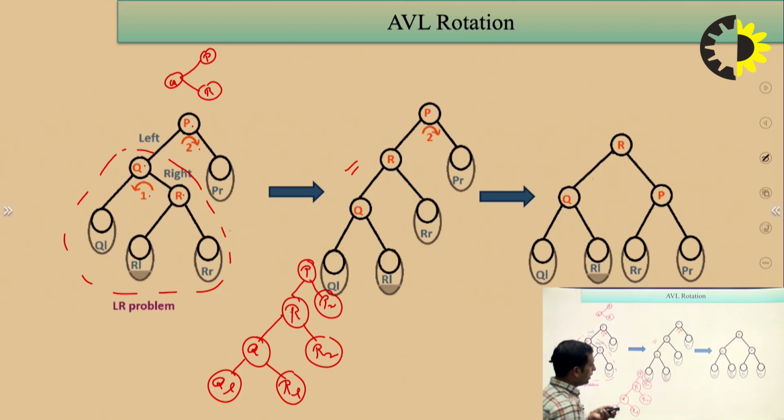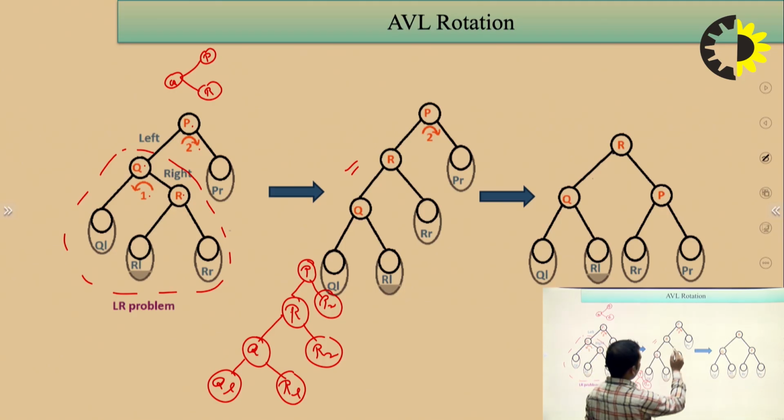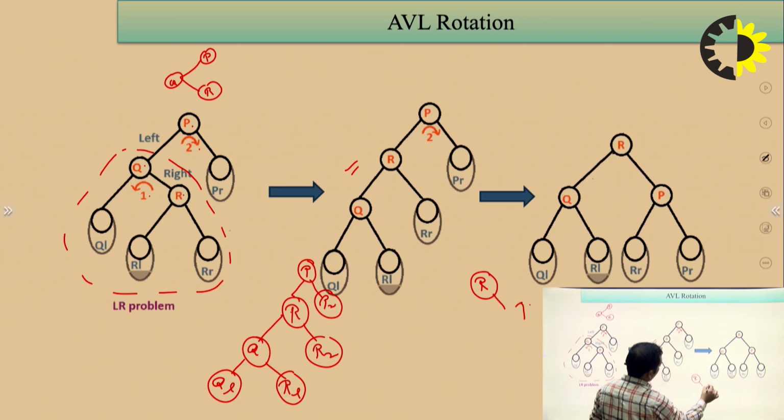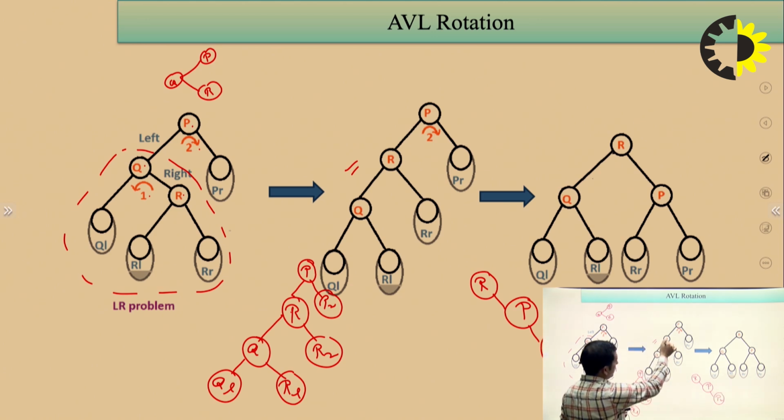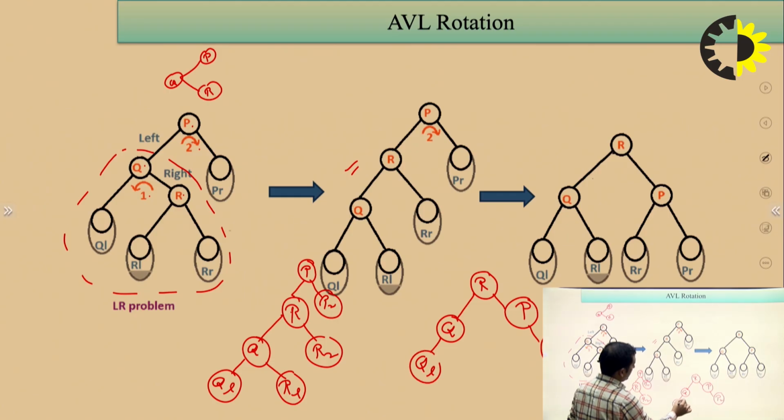When we rotate at the point P, the second rotation, then at this point R will come upside, with P's right subtree and PR the same. This branch will be the same here, Q, this is QL, this is RL.